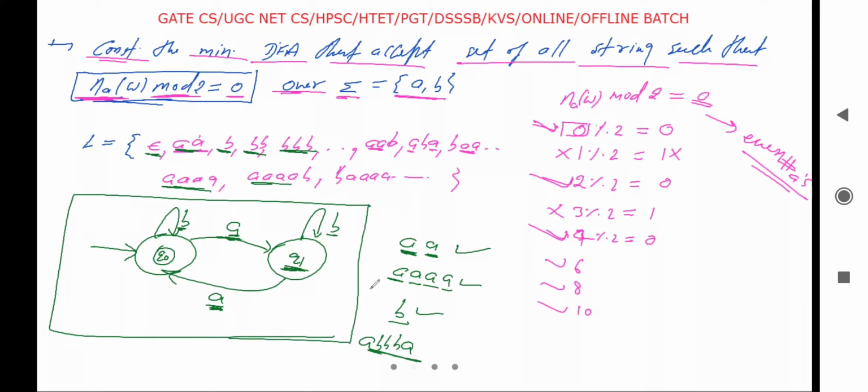Now you can take any string and verify that it will accept all the strings that belong to the language, and it will not accept the strings which don't belong to the language. So finally we can say this is a valid DFA, and it is the minimal DFA. And in the minimal DFA there will be two states.